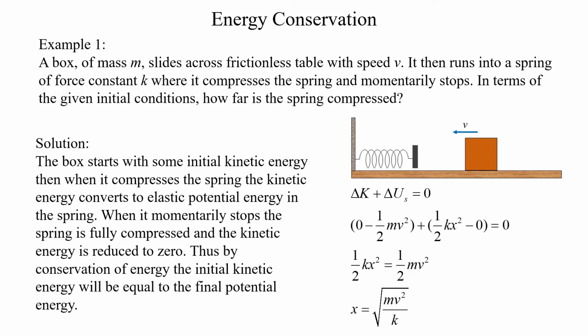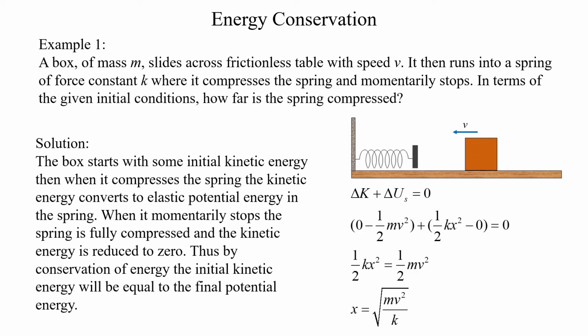So we have the change in the kinetic energy plus the change in the potential energy equals 0. Well, the final kinetic energy is 0. The initial kinetic energy is 1/2 mv squared. So the change in the kinetic is just minus 1/2 mv squared. The final potential energy is 1/2 kx squared, where x is the amount the spring is compressed, and the initial spring potential energy, of course, is 0.